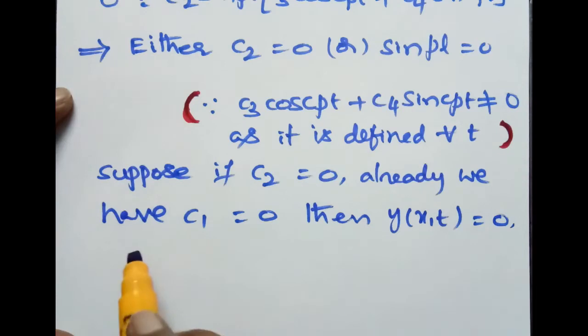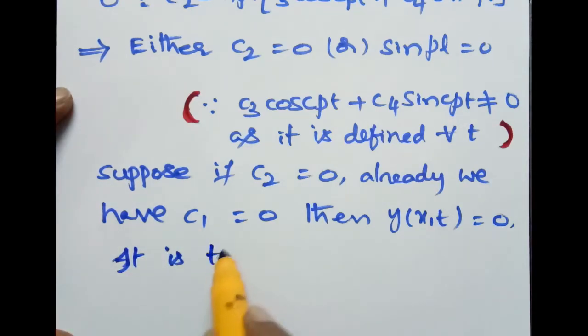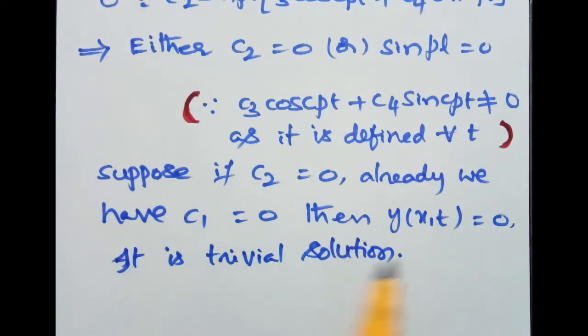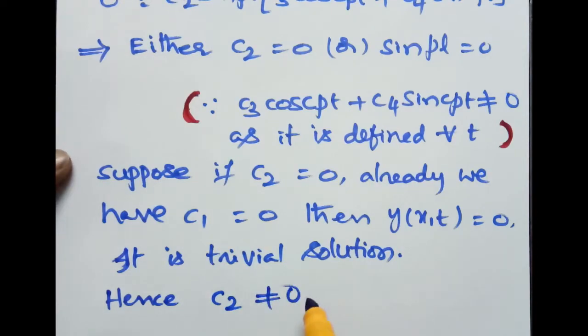It is a trivial solution. As explained earlier, we always require a non-trivial solution. We do not require the zero solution, that means a trivial solution. Therefore, C2 can never be equal to 0. Therefore, hence, C2 is not equal to 0.